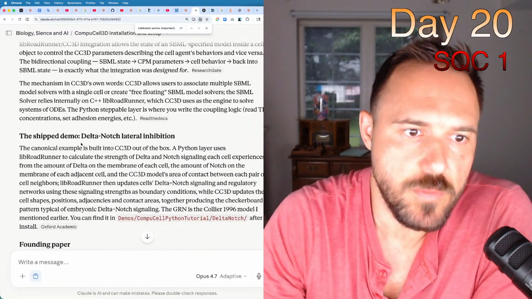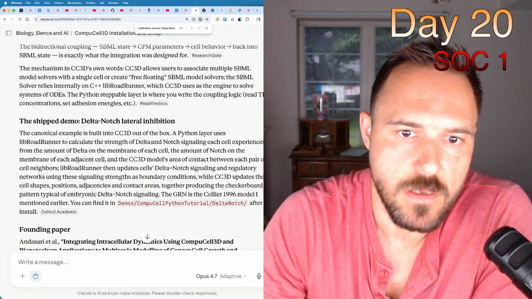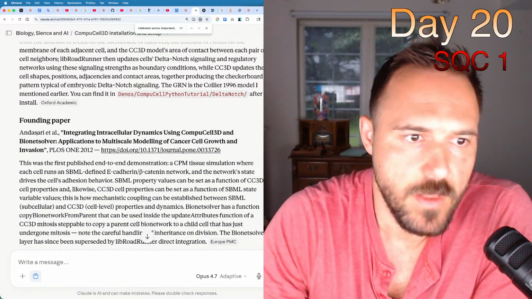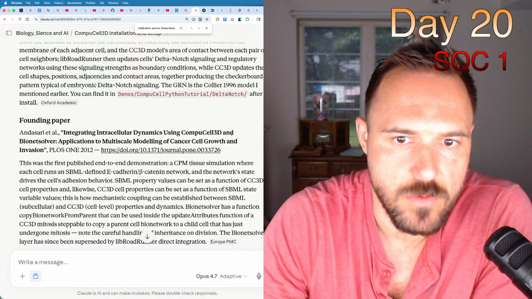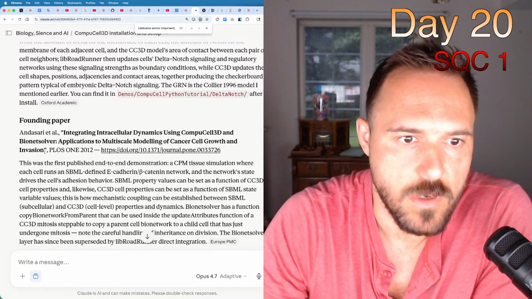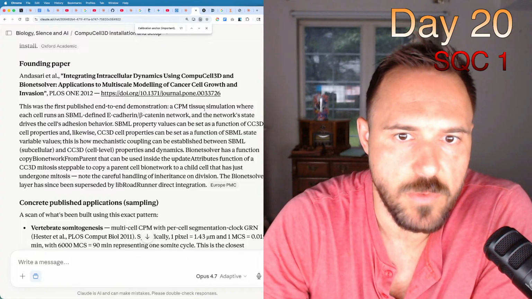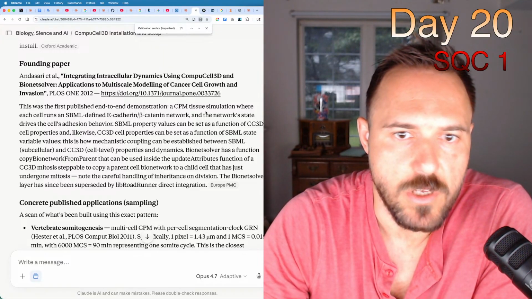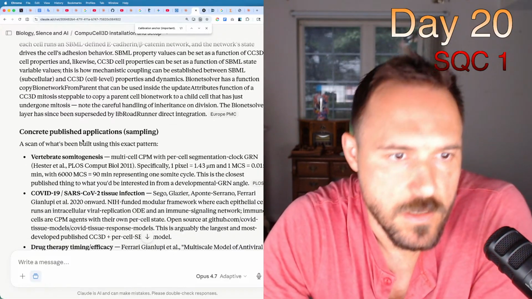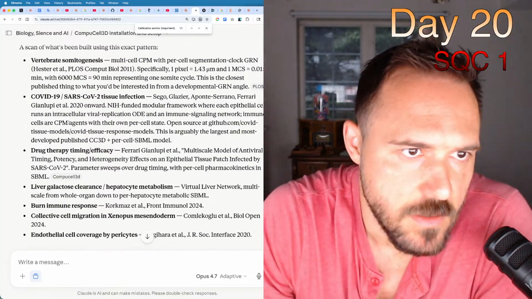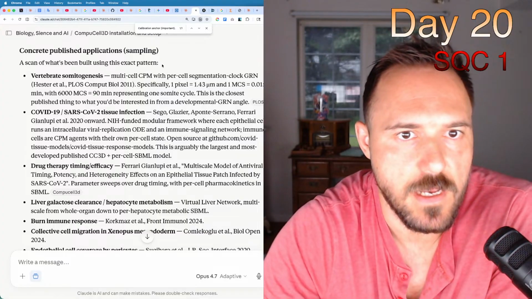Okay, the shipped demo is the Delta-Notch lateral inhibition, the connector and the Python layer found in the paper on integration dynamics using CompuCell3D. In 2012 they gave the first published end-to-end demonstration of CPM tissue simulation where each cell runs its own defined model.